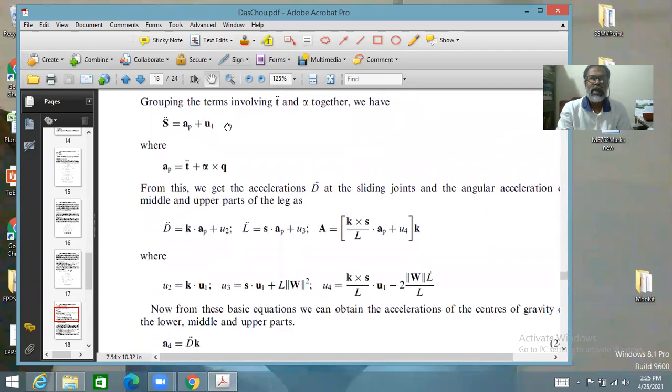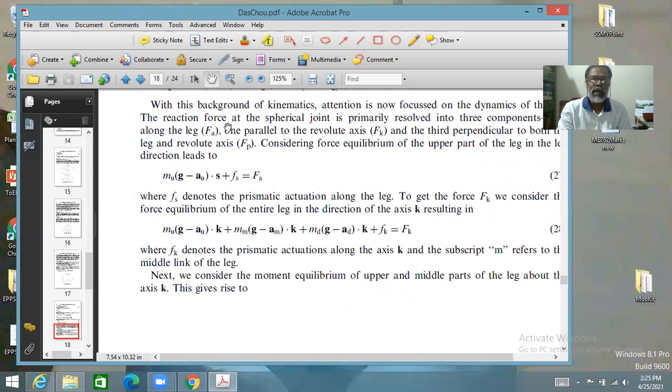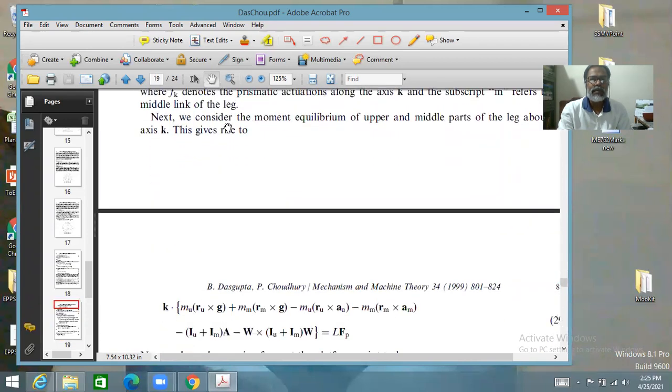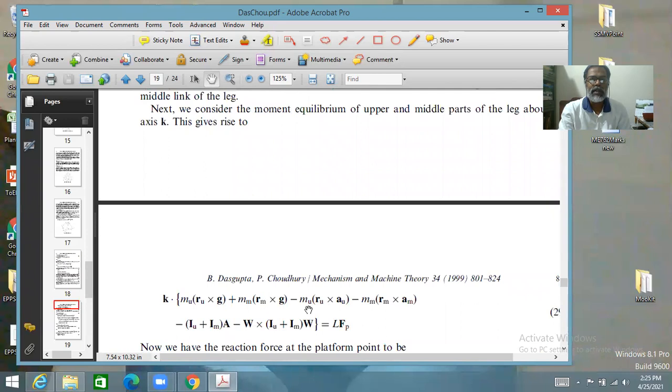That will give you the expression for the third perpendicular component of the force. That is this equation. So the LFP is the third perpendicular component. Okay, so you see R plus F is this.